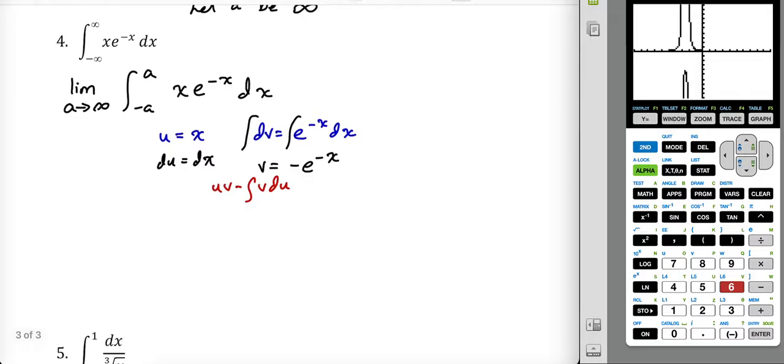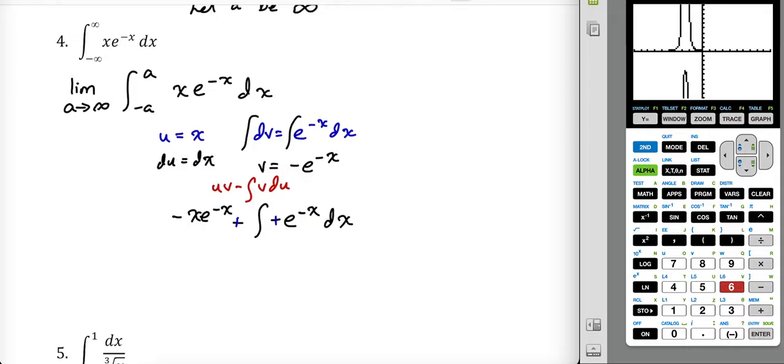So negative x e to the negative x minus the integral of v du, which is negative e to the negative x dx. Those two negatives will make a positive when I integrate.